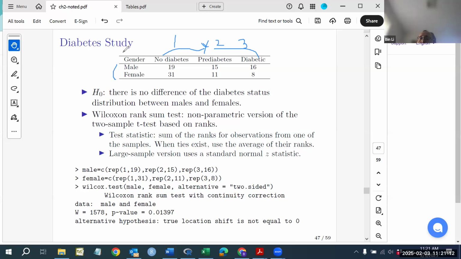So can we do the test for this case? Y is ordinal, X is binary. Yes, we can do that, using a test called the Wilcoxon rank sum test, also called the Mann-Whitney test. The Mann-Whitney test and the Wilcoxon rank sum test are two different tests. The test statistic is different, but they're equivalent.